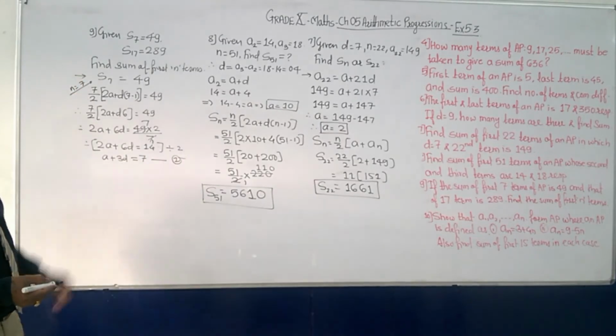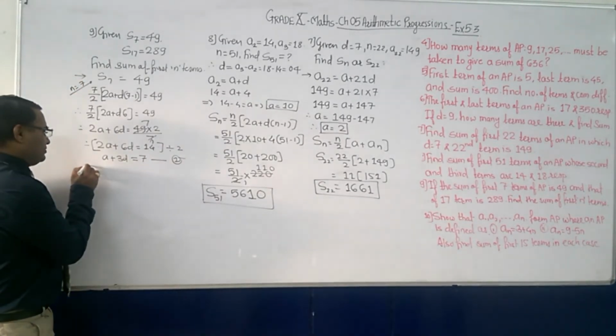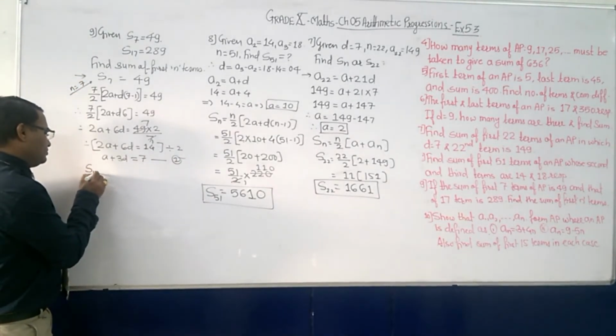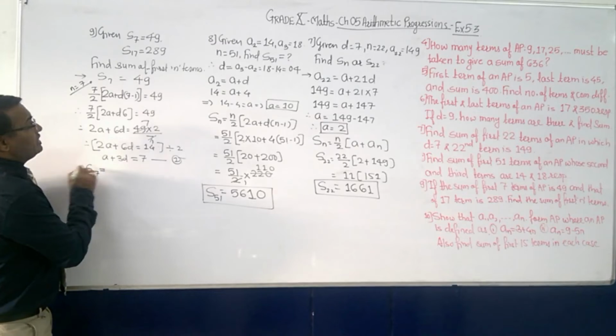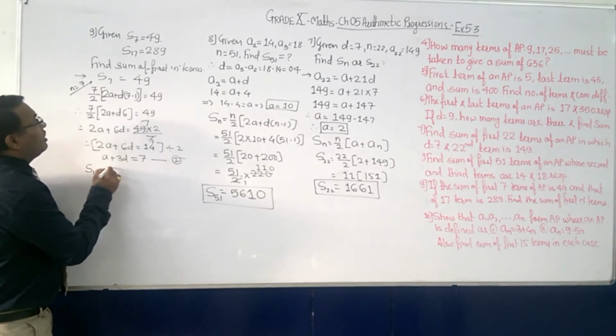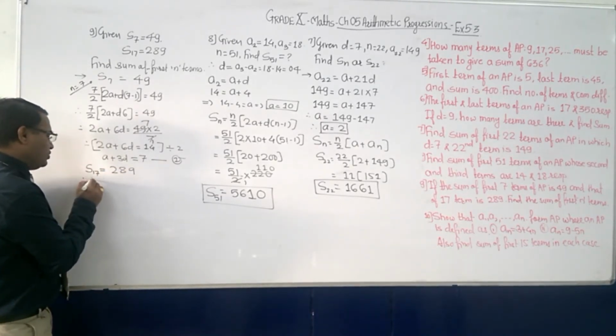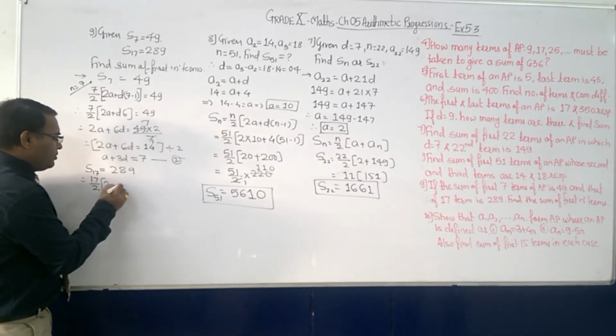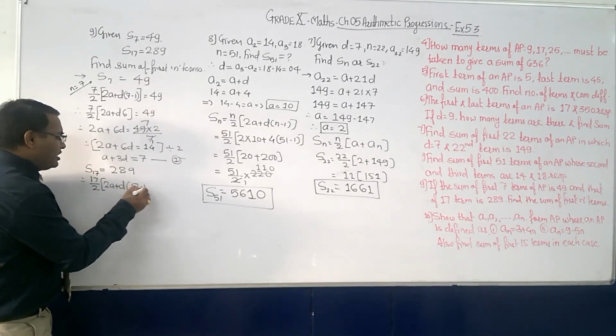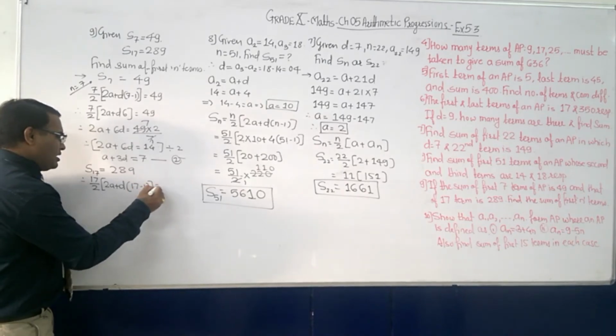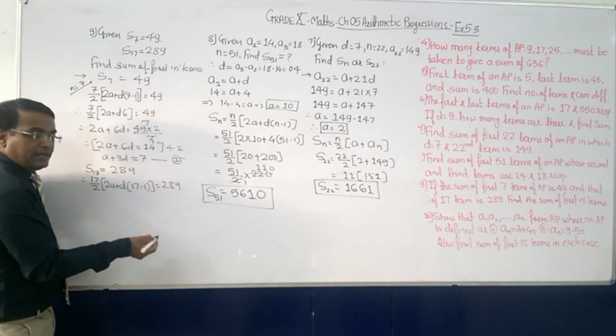Now what is second? S17 is equal to 289. In this also the same thing. n by 2 means 17 upon 2 into 2a plus d into 17 minus 1 is equal to 289.